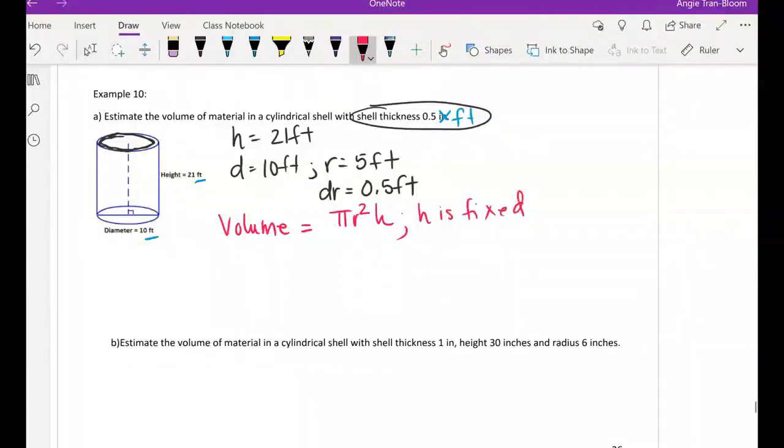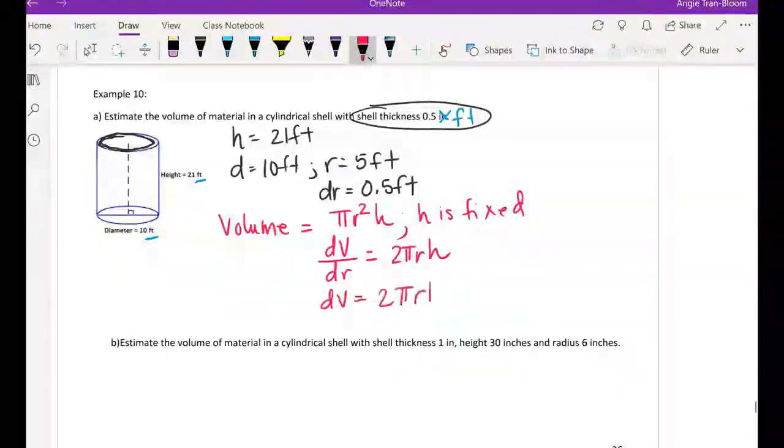So next step we want to do is find the change in volume with respect to the variable, which is r, since the height is fixed. So what that's going to do is we want to do the derivative, 2 pi r times h. Well, this is estimate the volume. So from here we go into just solve for dV, which is 2 pi r times h times dr.